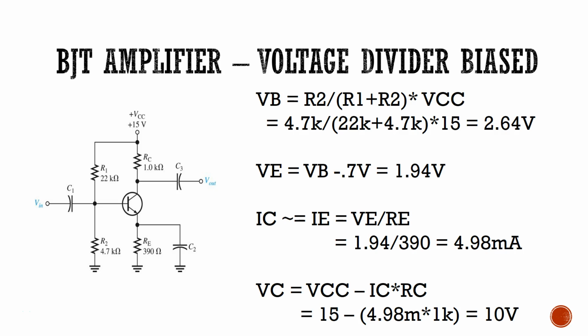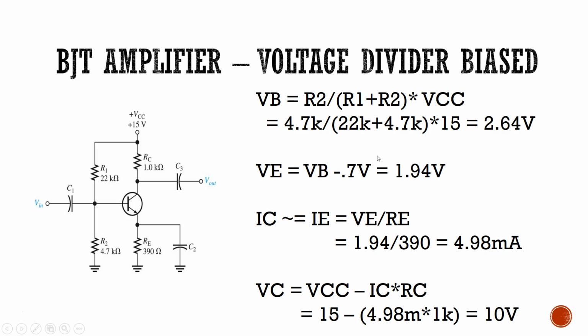Okay, so first we're going to do our DC analysis and look at VB, and that's going to be the voltage divider of R2 over R1 plus R2 times our supply voltage. So we're looking at what's dropped across R2, or what's left across R2.